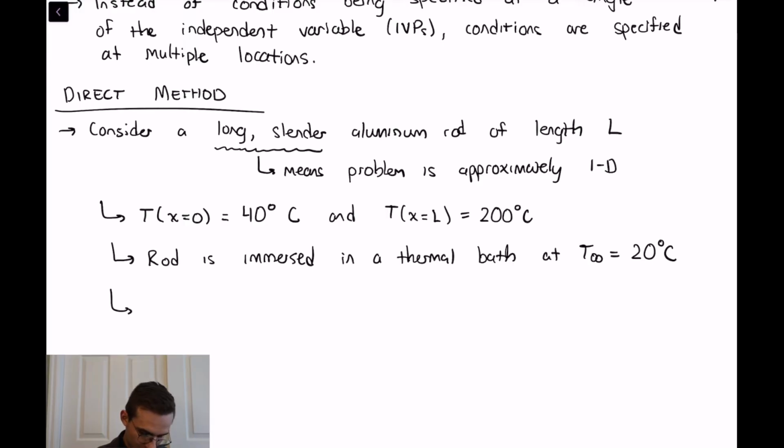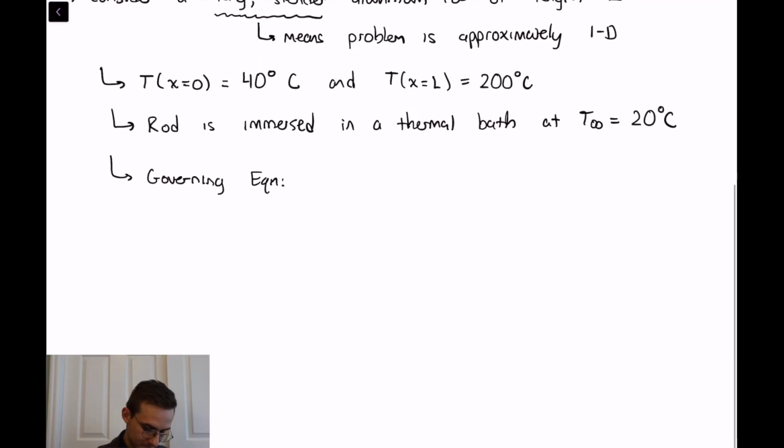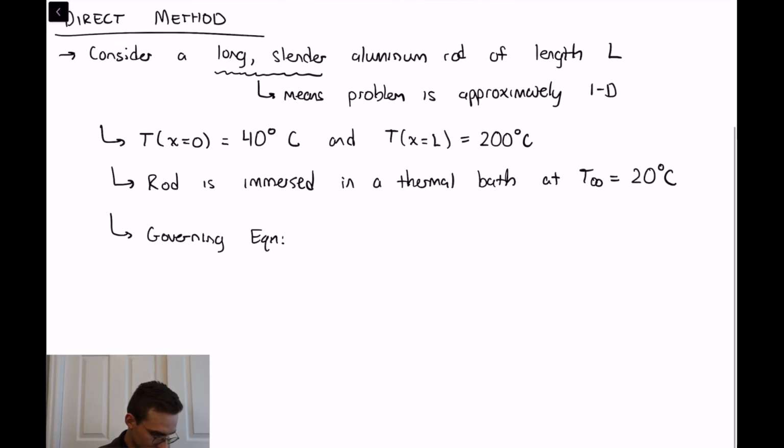And then we can write the following governing equation. You have K times A times the second derivative of the temperature with respect to x, the distance along the x-axis, is equal to lowercase h times capital P times the quantity T minus T infinity. Okay, so K here is the thermal conductivity.